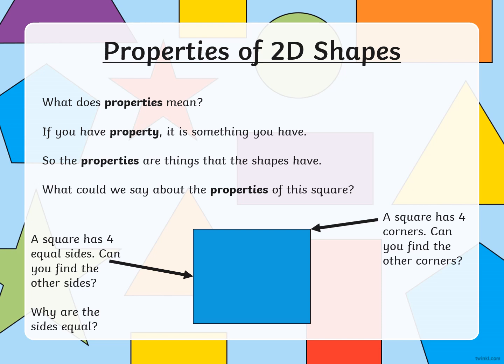If something is equal, it's the same. So the properties of a square: it has 4 corners and it has 4 equal straight sides.